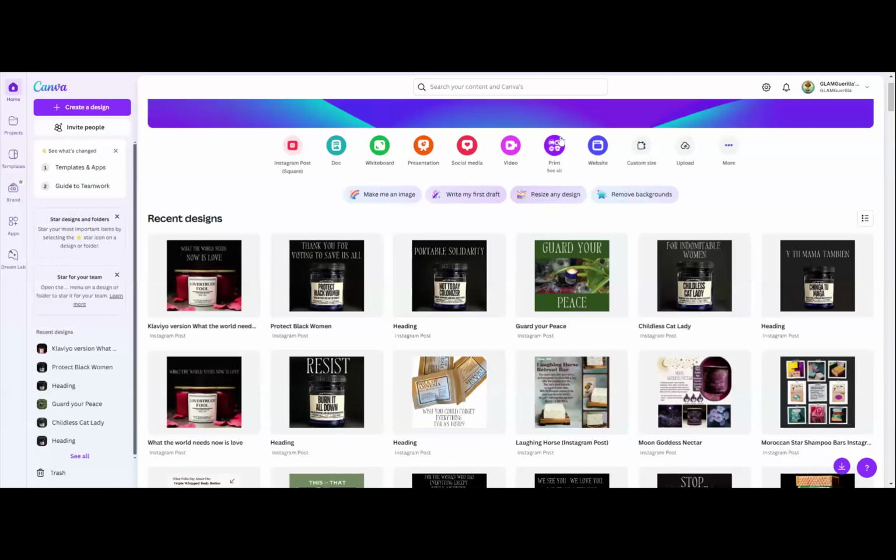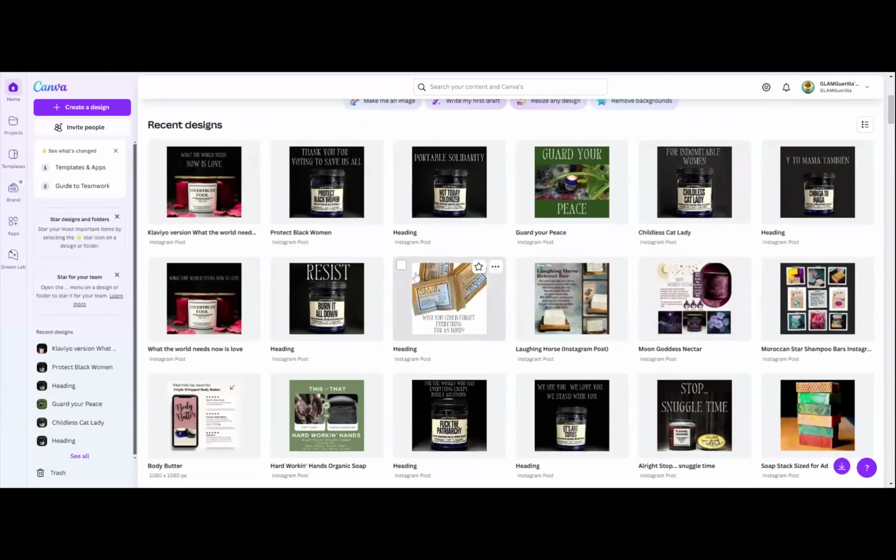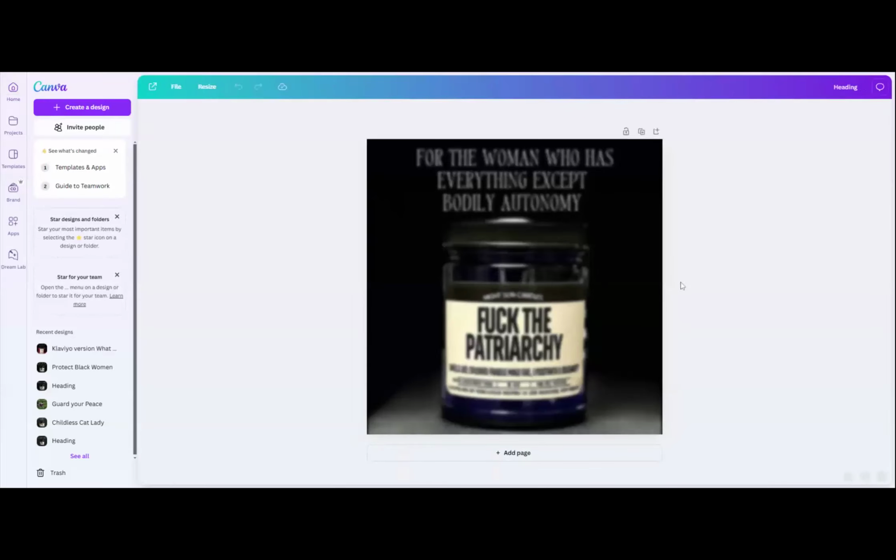But for longevity's sake, we need to be able to talk about our regular soap and candles too. I'm just going to show you the most popular one.